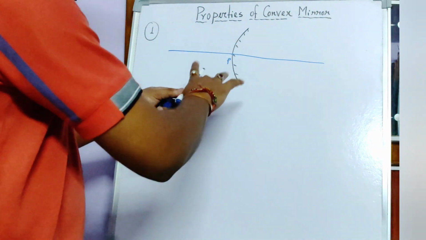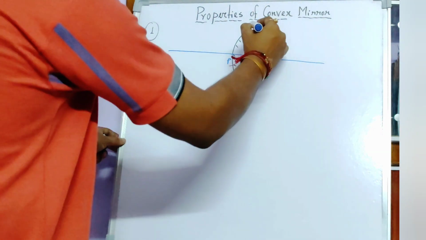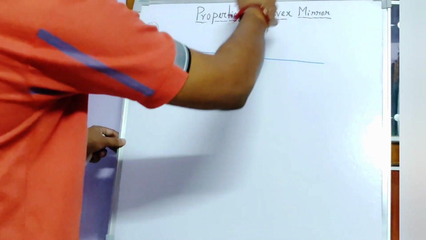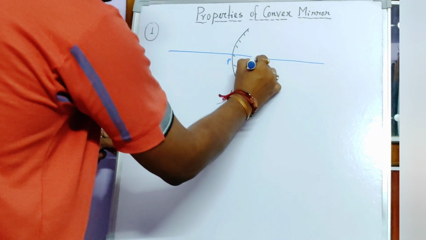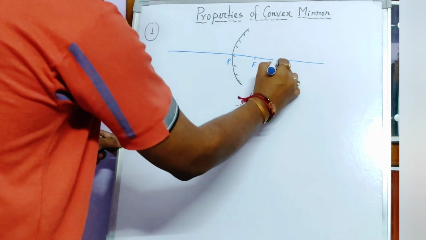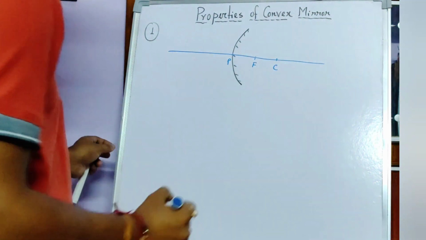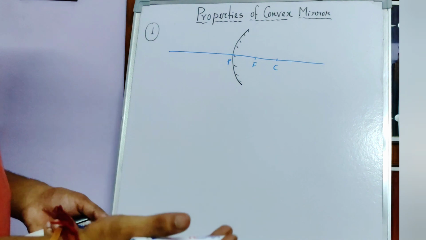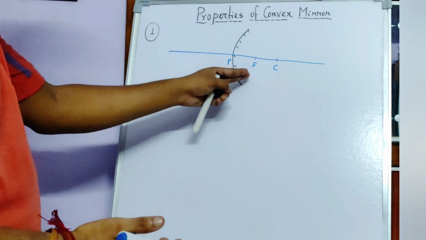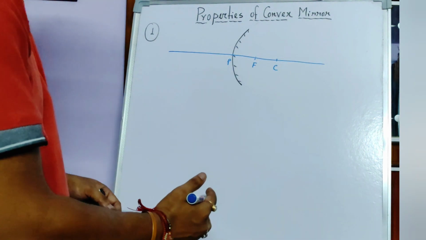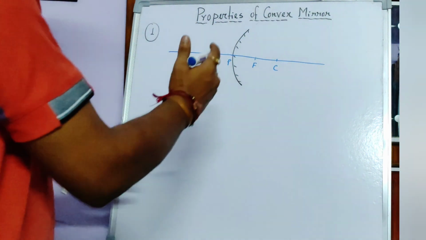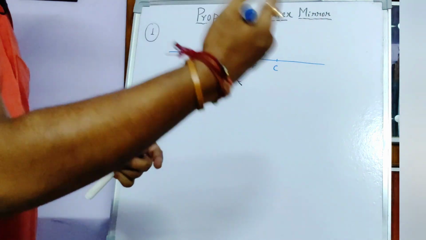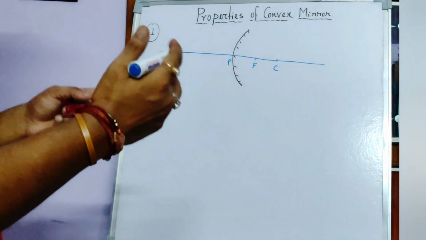Now as the curve is in the right side, that's why the focus of this mirror and the center of curvature of this mirror are all in the right side. Right side means it is behind the mirror. Left side is in front of the mirror, and the right side is all the back side of the mirror, or you can say behind the mirror.